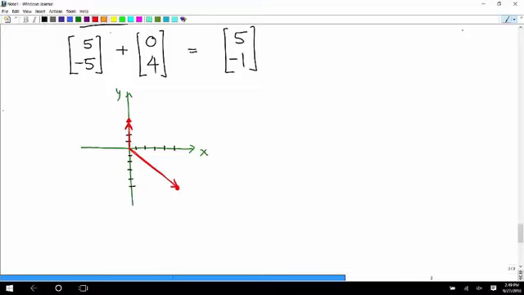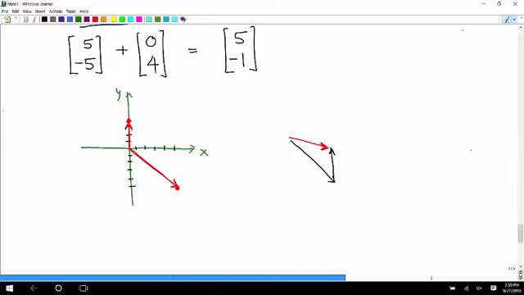And so now if I add those two carefully, we have that one, and we put the tail of the second one at the head of this one. And then the resultant goes from the free tail to the free head. We get something like that.